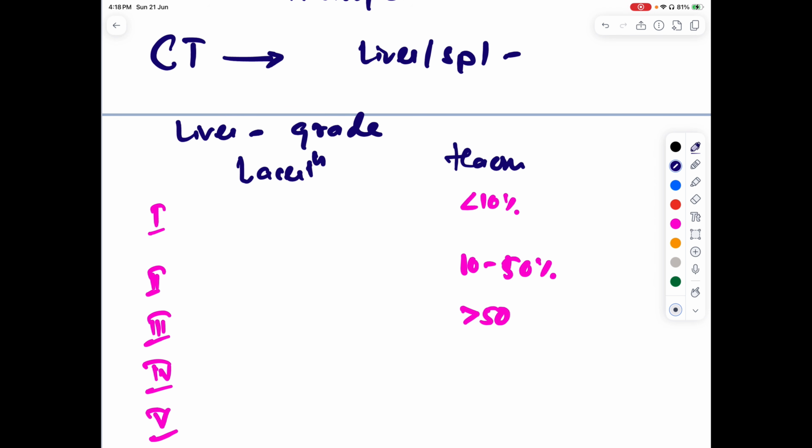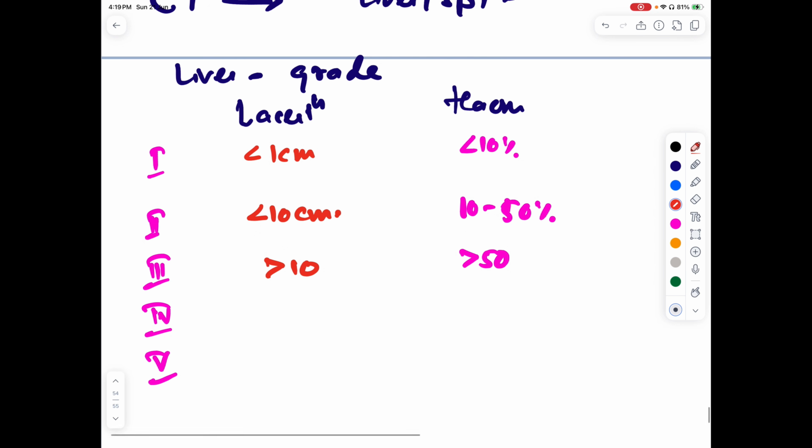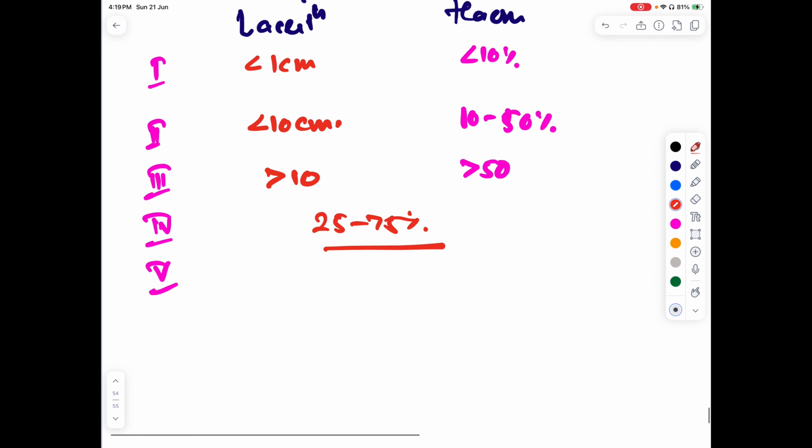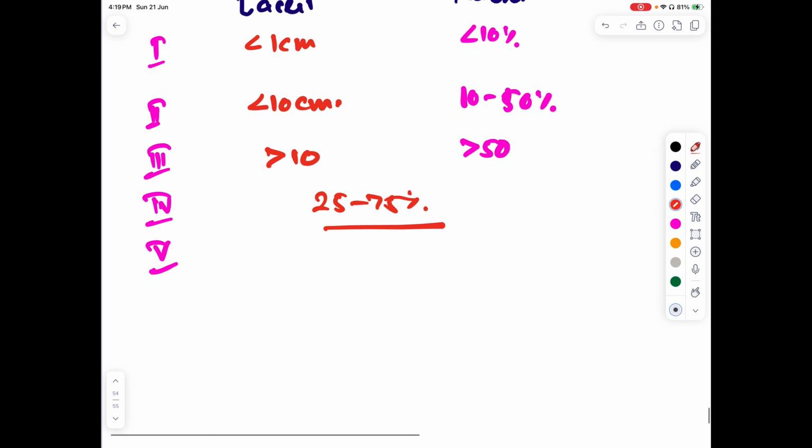For laceration, it is less than 1 centimeter, less than 10 centimeter, and more than 10 centimeter. So 10, 15, 1, you have to remember this. Grade 4 is parenchymal disruption, 25% to 75%. Grade 5 and 6 are very big, where a major part of the liver is injured.